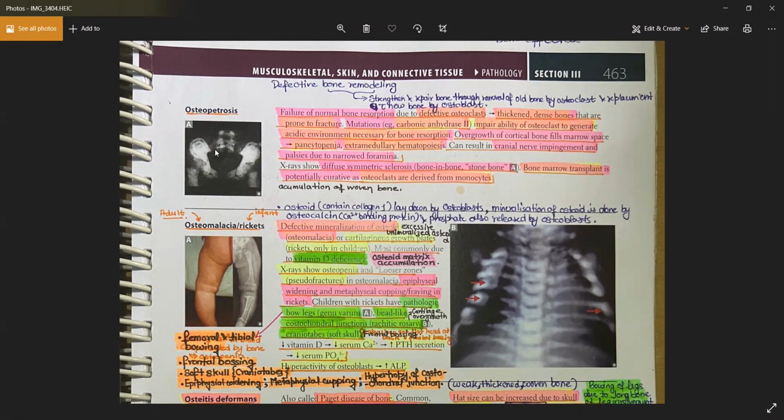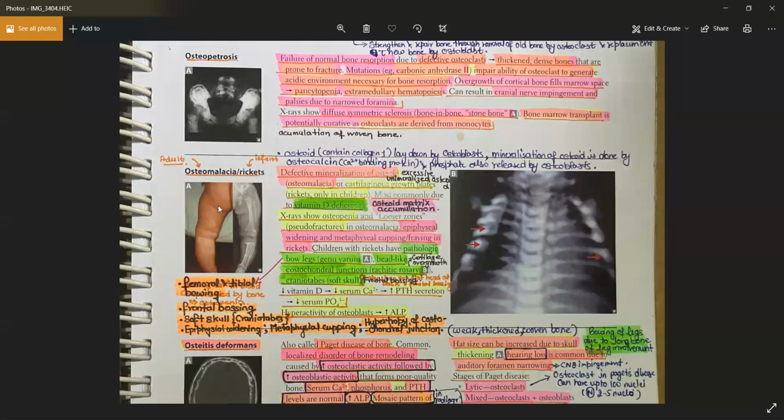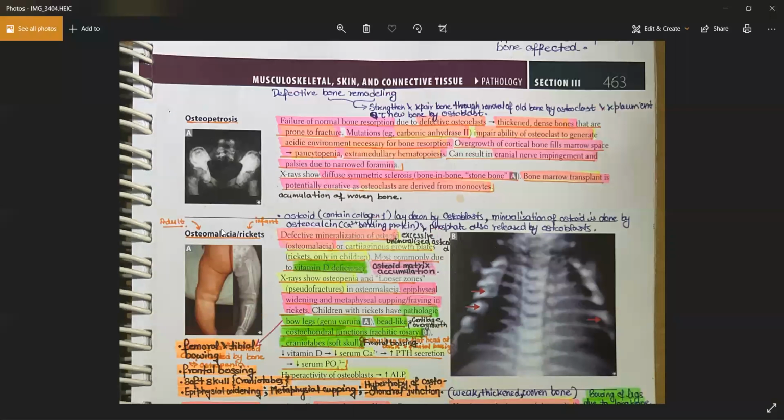So what is the difference between Paget's disease and osteopetrosis? If both have this bone formation, then what is the difference? Clinically, I'm asking, not the pathology behind them, but how you can clinically differentiate between osteopetrosis and Paget's disease. In both of them, you will get an increased bone mass.